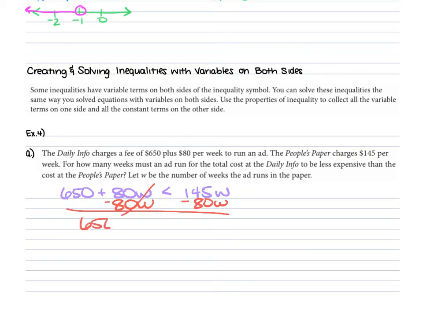We're going to have 650 is less than 145 minus 80, which is 65W. From here, we're going to divide each side by the 65. And this is going to give you 10 is less than W. We want to rewrite this so that the W comes first. So W is greater than 10. So that just means more than 10 weeks.